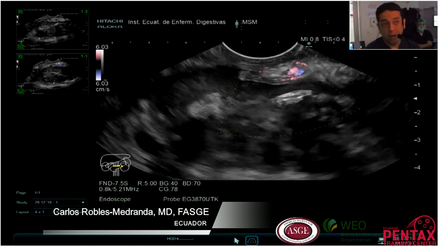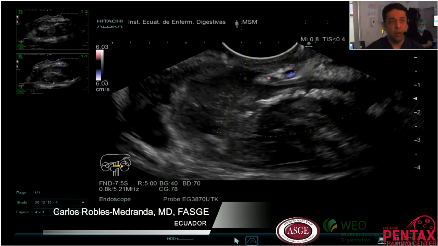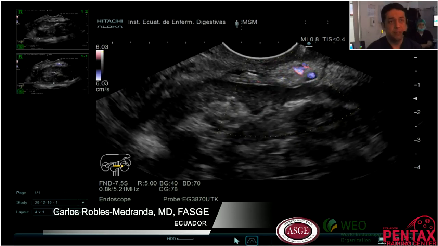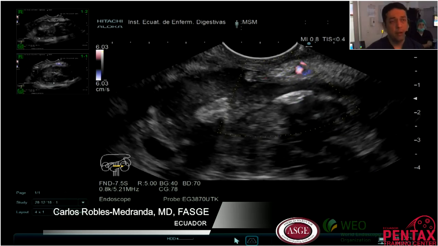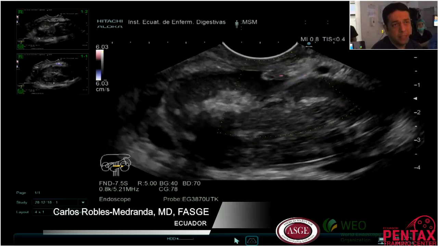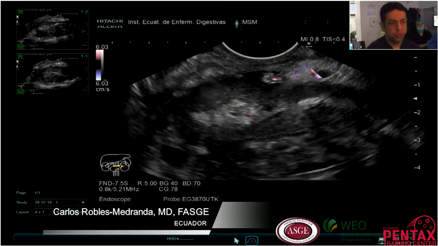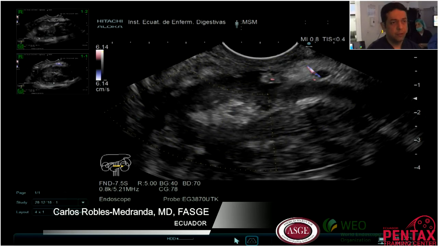We already have a CT scan of this patient. We know that we don't have a pseudoaneurysm in this area. It is very important because it's one of the complications of bleeding after drainage. So you need to see all the vessels.